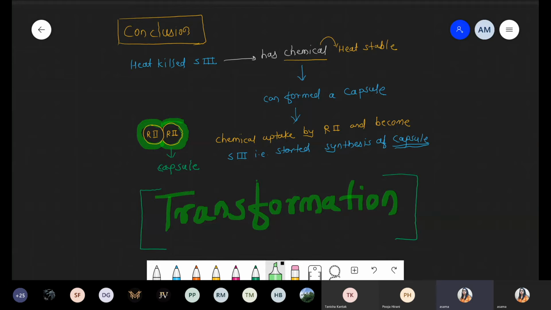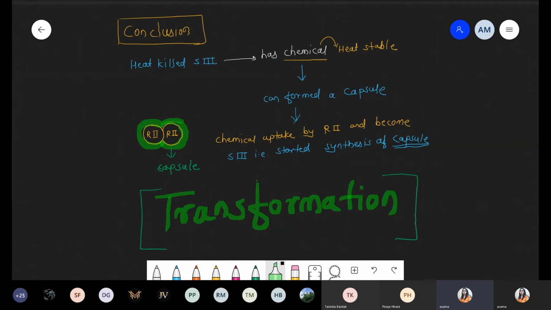Now the second experiment, we are talking about chemical characterization of the transforming principle. Now there are three scientists. First time they told जो chemical है, that chemical which is transferred from one bacteria to another, that chemical is DNA. And these scientists first time gave the characterization of that chemical nature.